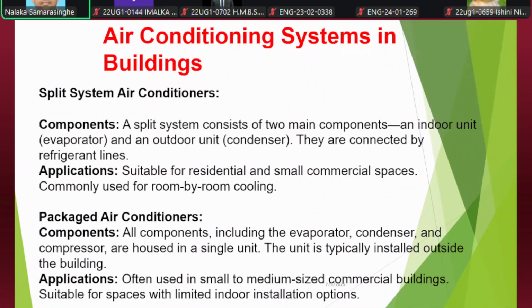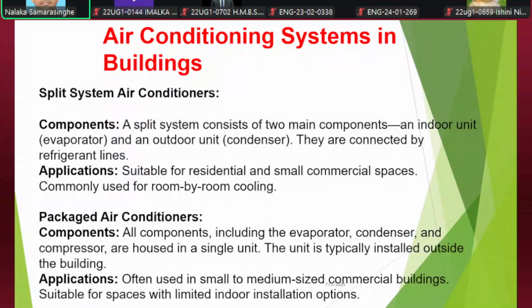Those are called the piping. The refrigerant is used as a working fluid running inside the piping. Okay. This is usually used for smaller areas, to cool smaller spaces, and I will show you an image of that in the second slide.